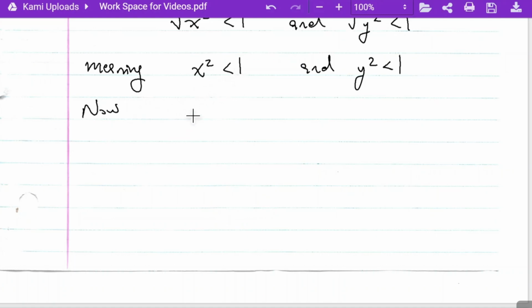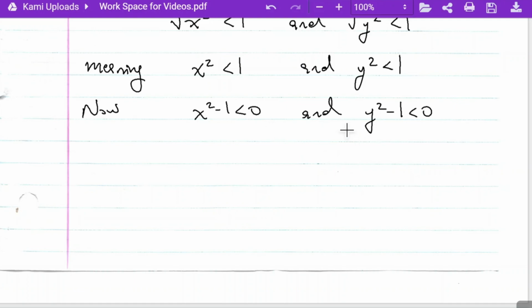This means x squared has to be less than 1, and y squared has to be less than 1. Now notice this. We can move the 1 over. We have x squared minus 1, which is less than 0, and y squared minus 1 is less than 0.